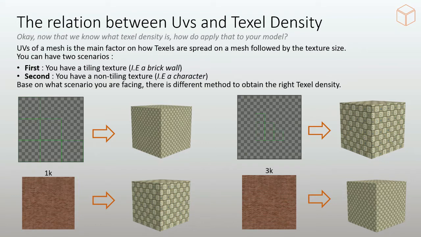Now this is anything like any props whatsoever, a gun, a banana, anything that you can't really tile the texture across the mesh. And based on those scenarios, you're going to have different methods to obtain the right texel density. As you can see right there, how changing the UVs affects the texel density, and upgrading the texture size increases the texel density.